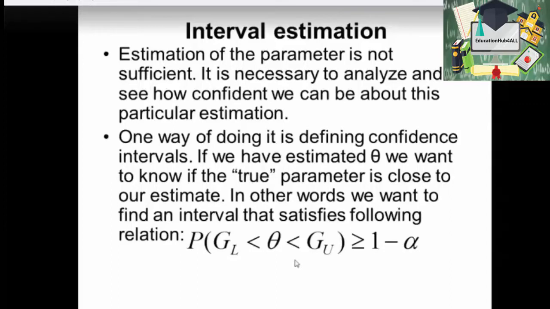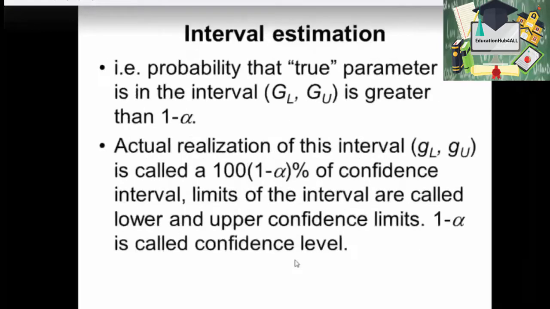If alpha is 5% or 10%, I say I want to be this sure, give me a range of the estimation. That's called interval estimation.